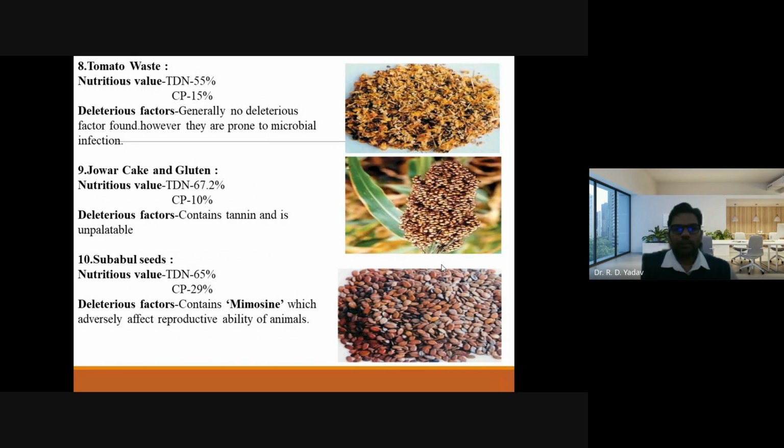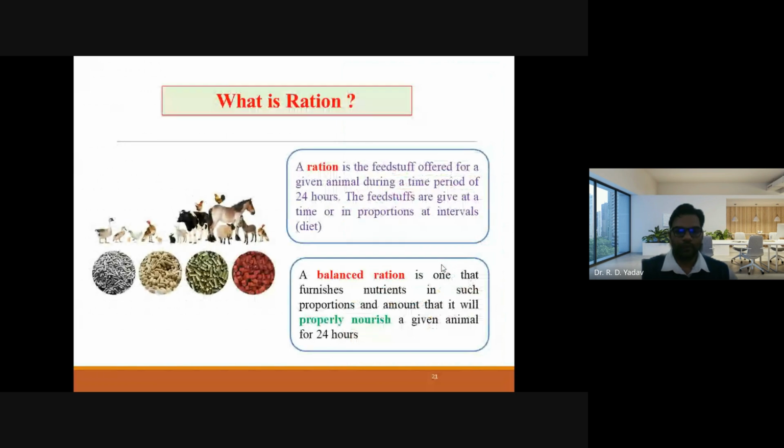They are prone to microbial infection, with high soluble carbohydrate content. Then jar cake gluten, TDN 67%, CP 10%, and subabul seed. In subabul, the well-known anti-nutritional factor is mimosine. So we have to detoxify these seeds before using them in the concentrate formulation.